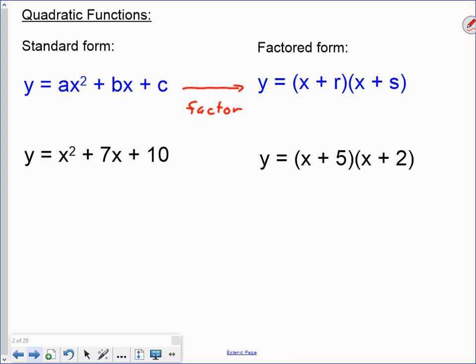But we found factored form a little bit more useful because after we had factored it, and of course these two things are not equal to each other, but this is just an example of a factored form quadratic equation, this form let us figure out what the x-intercepts are. We knew just by looking at this that our x-intercepts are x equals -5 and x equals -2, because those are the x values that would make this equation equal to 0.